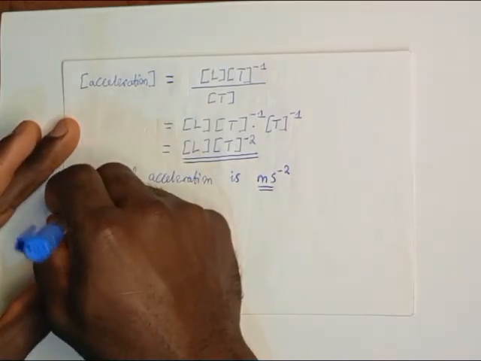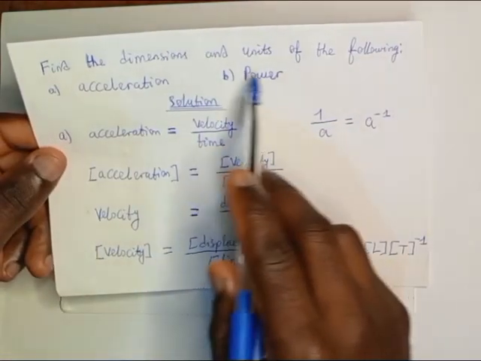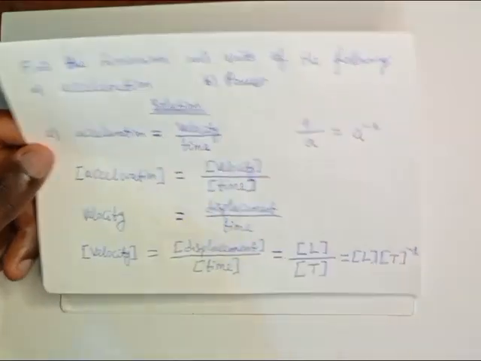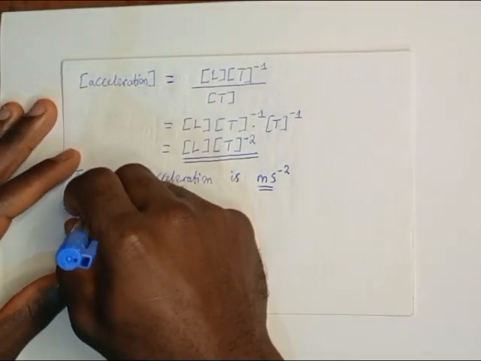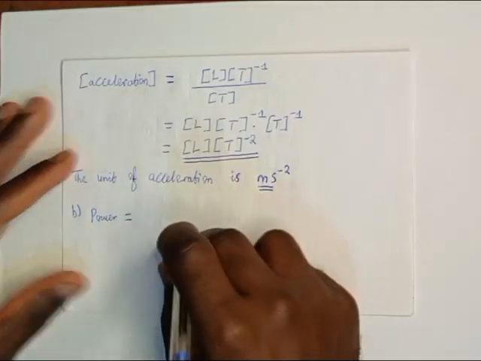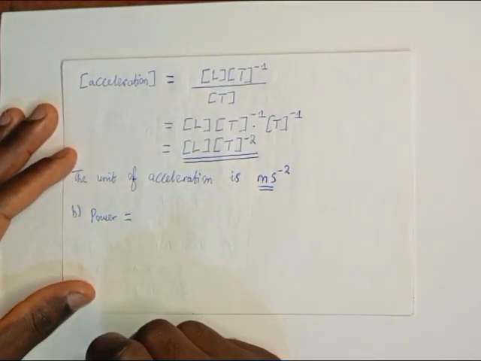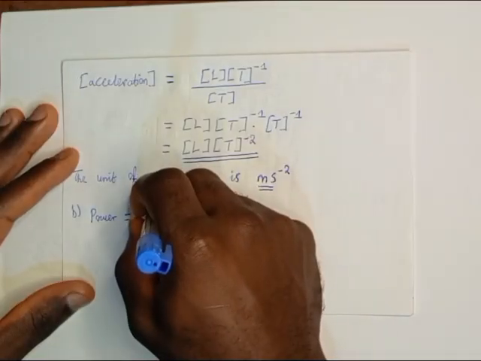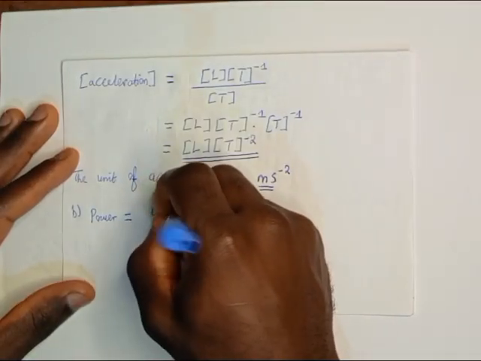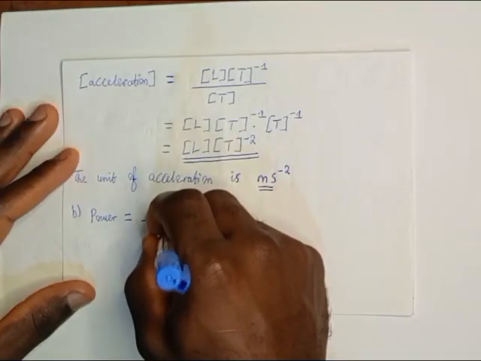Move now to question B. For question B, we have to find the dimensions and units of power. Power is simply equal to the rate at which work is being done, meaning work all over time.